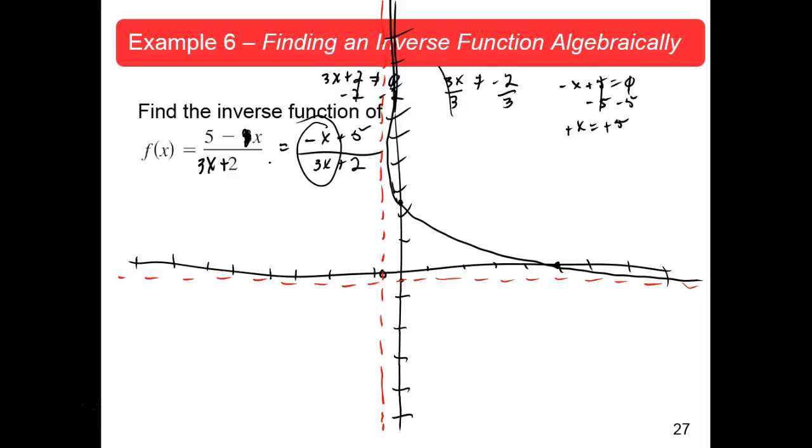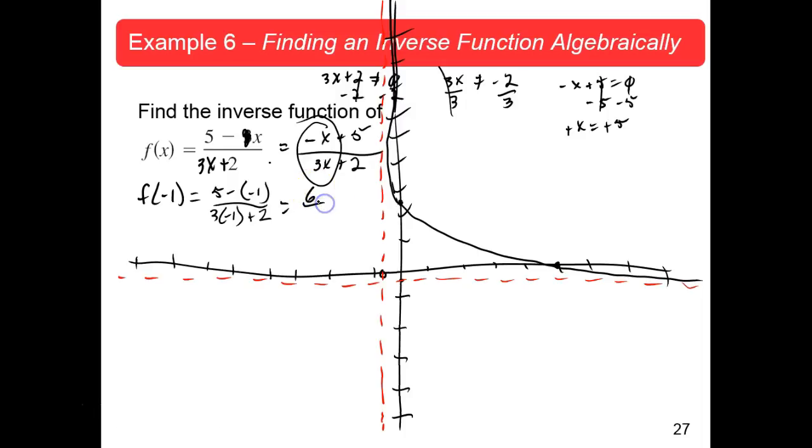f of -1 would be what? You can use either form you want to. 5 minus a -1 over 3 times a -1 plus 2, right? Well, what's 5 minus a -1? 6.